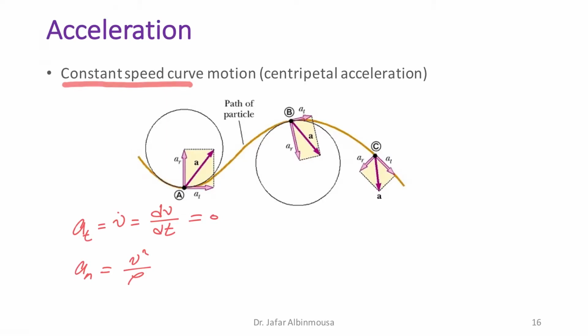If this curve happens to be a circle like here, then rho is going to be the radius of this circle. Although the speed is constant, there is a velocity, and this is why you will get the total acceleration as an, because at is 0. So they will still have acceleration.